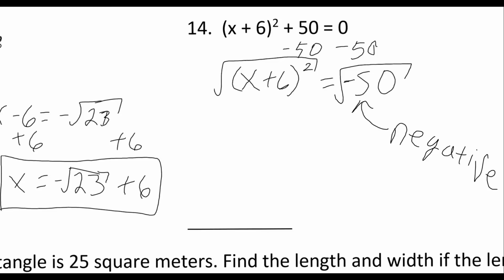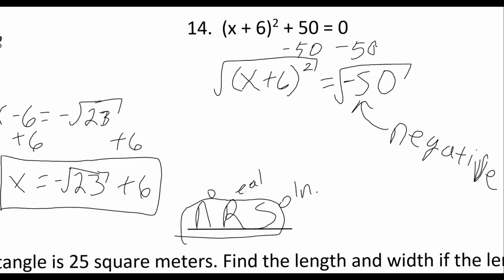When things are negative and you try to take the square root, it doesn't work. So we say no real solution. Whenever you try to take the square root of a negative, you just call it no real solution. We will show y'all eventually how to find a solution to this, but for the time being, we're just going to call it no real solution.